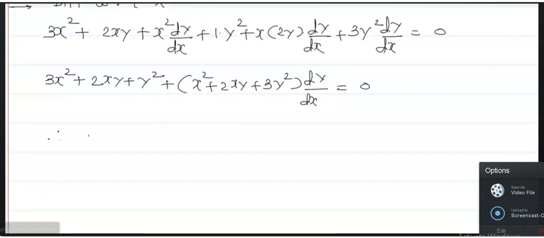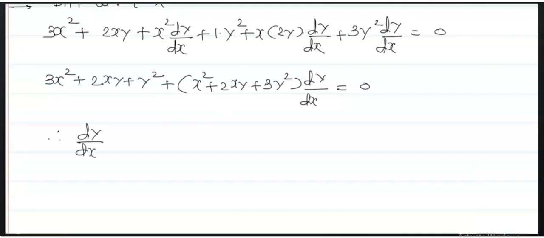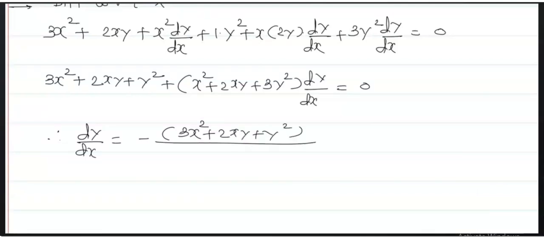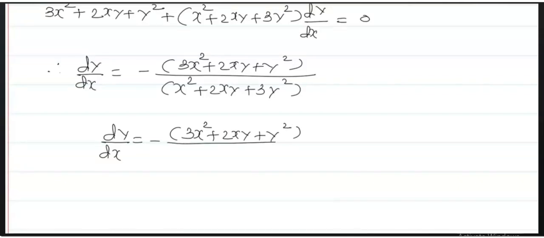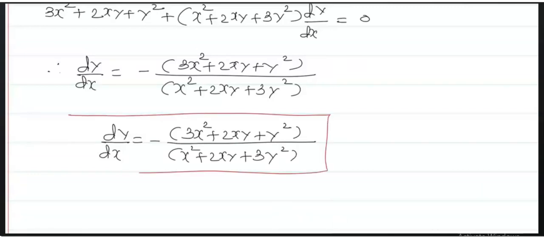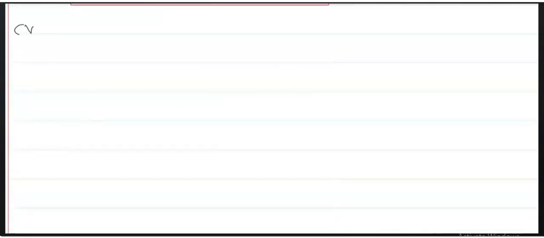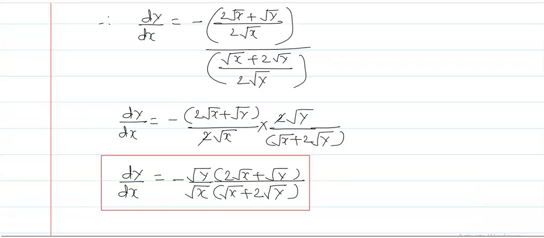We collect it, therefore dy by dx is equals to minus 3x square plus 2xy plus y square upon x square plus 2xy plus 3y square. That is the dy by dx is equals to 3x square plus 2xy plus y square. Now see this again here. Answer.